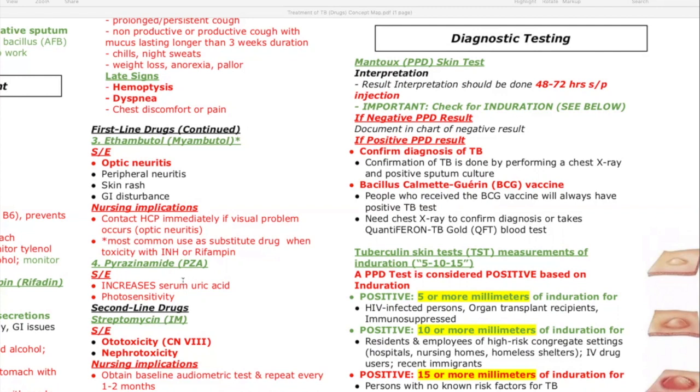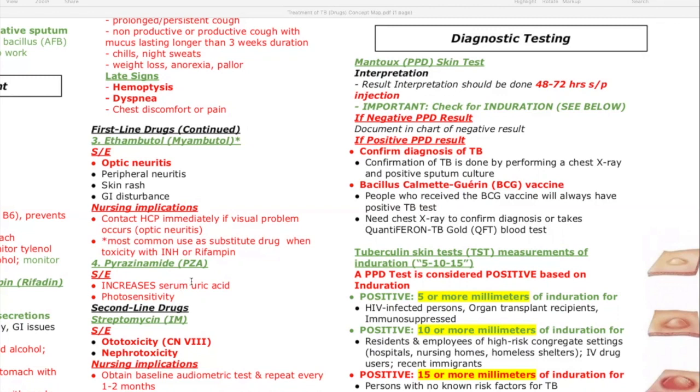We talked about the measurement of the induration. Essentially, if the measurement of the induration meets the following criteria, then the test will be considered positive. So if the induration is 5 or more millimeters for populations that are infected with HIV, then that's considered positive, right?